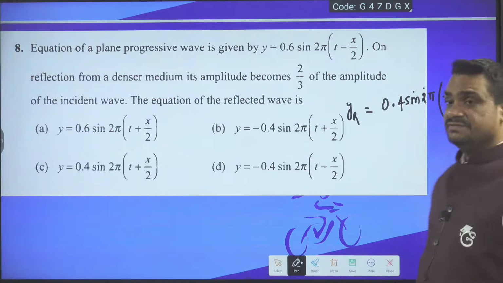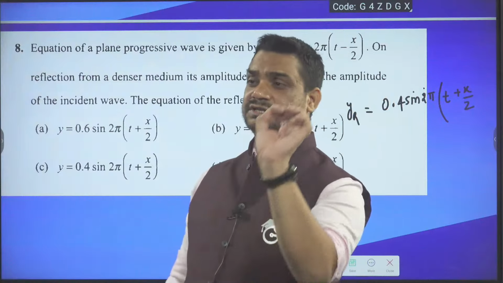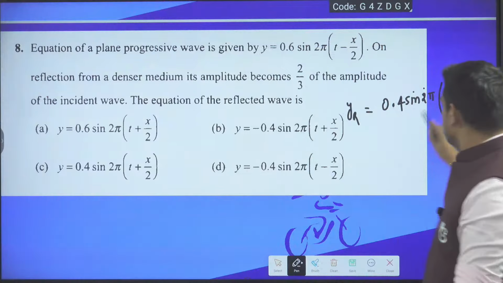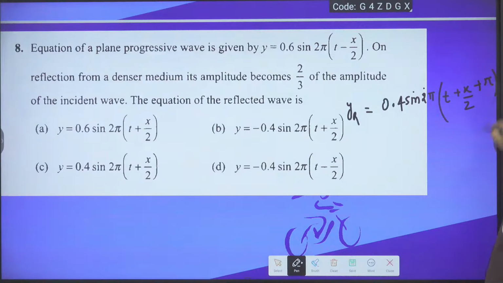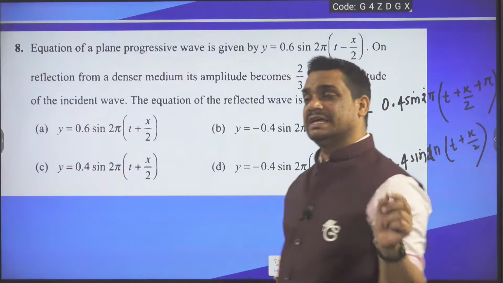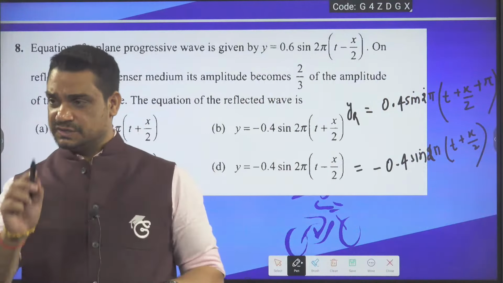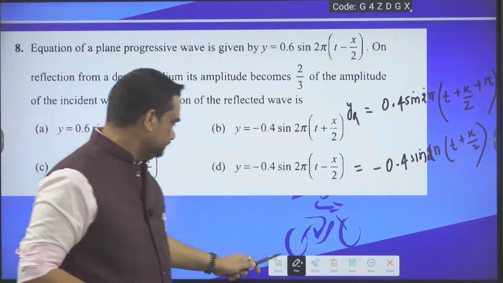Then we have to decide whether there will be a phase change or not. Reflection from the denser medium, I need to add pi here. Whenever you add the pi, there will be a minus sign. So it becomes minus 0.4 sine 2 pi t plus x by 2. Why is this minus coming? Because sine pi plus theta is going to be minus sine theta.